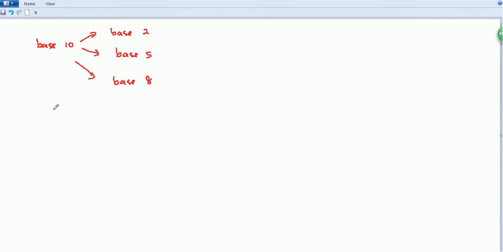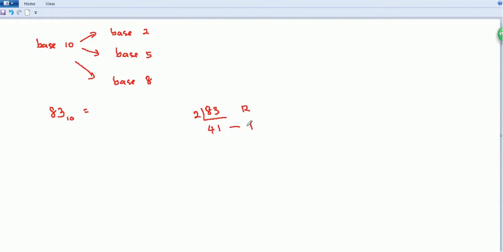Let's say I have a number 83 base 10, and I want to change it to a number in base 2. It's very easy. You just take 83 divided by 2, because you want to change to base 2, and you write the remainder here. 4 times 2 you get 8, and 1, 2, 2, the remainder is 1.